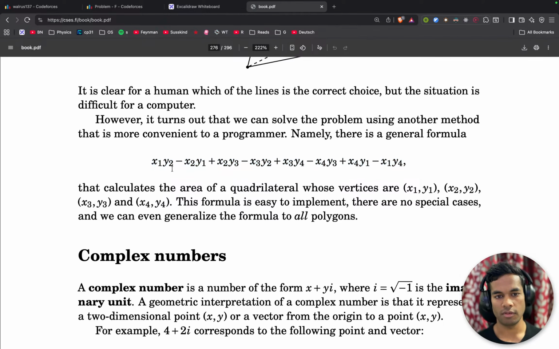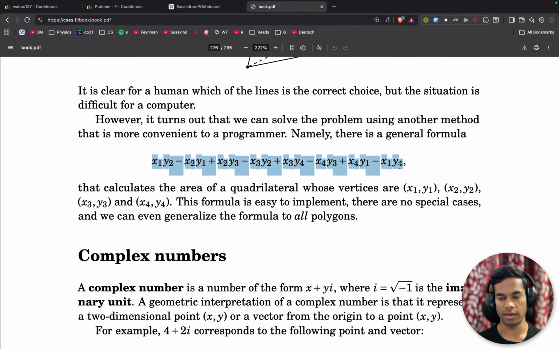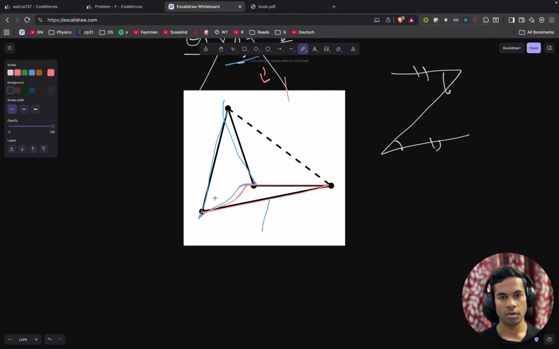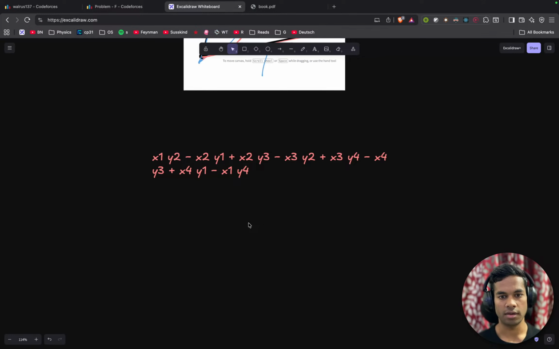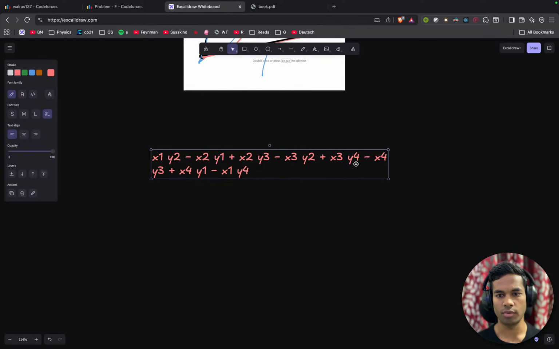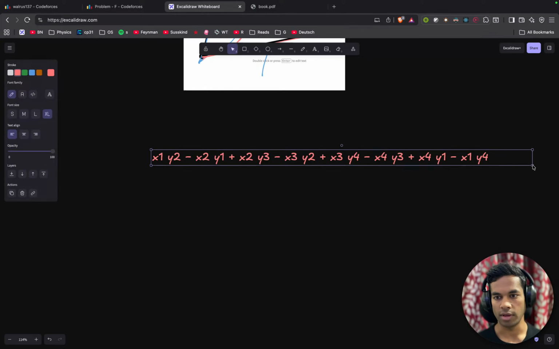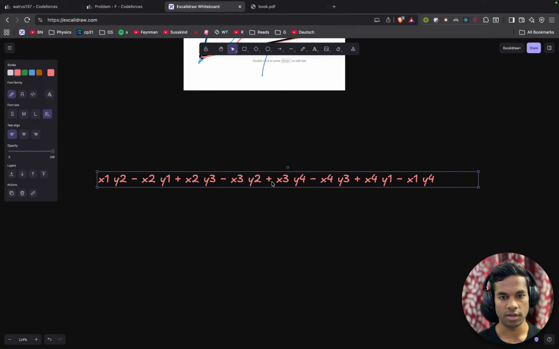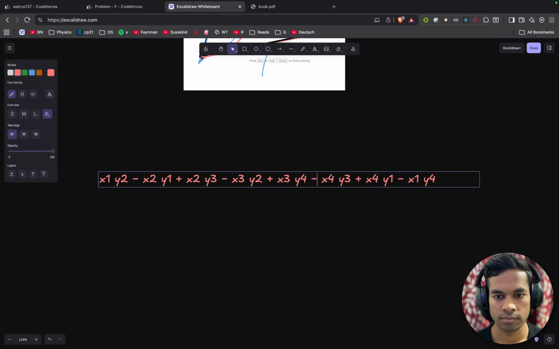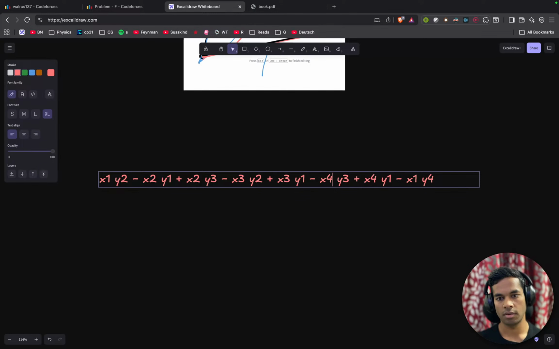If we use this same formula for a triangle, what will we get? For a triangle, we don't have up to 4, we have just up to 3. So we can remove all this 4 stuff. Instead of 4 here, we can say 1 here and remove all this.